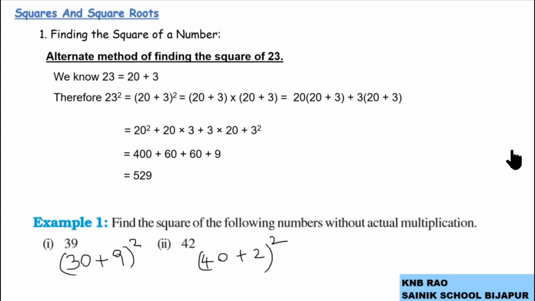Students, I hope you have already found the square of the numbers 39 and 42 by using the alternate method. Now we will do that and cross-check.